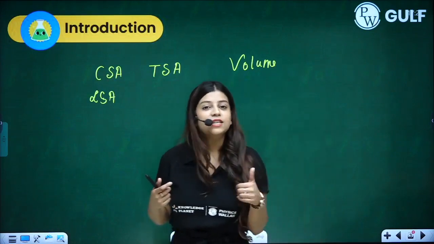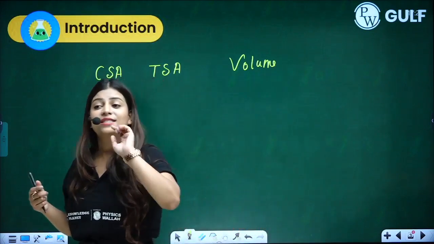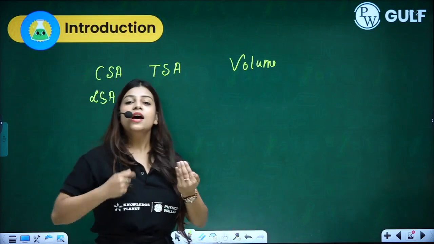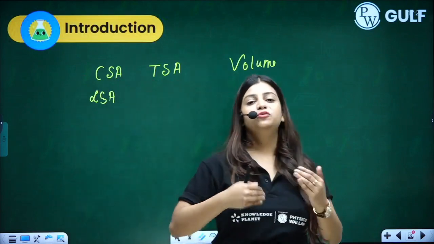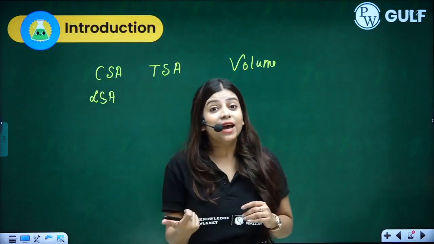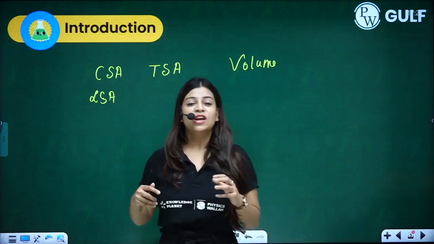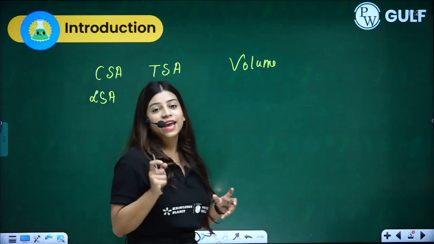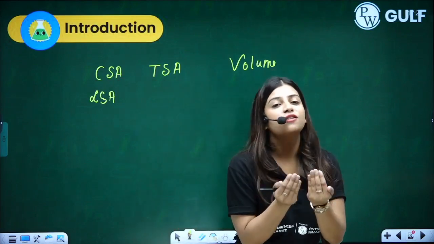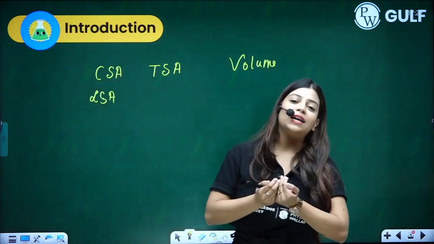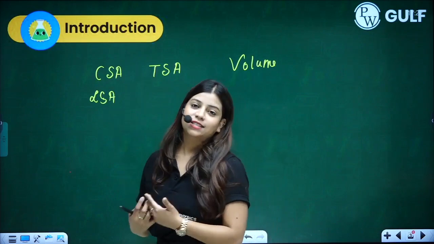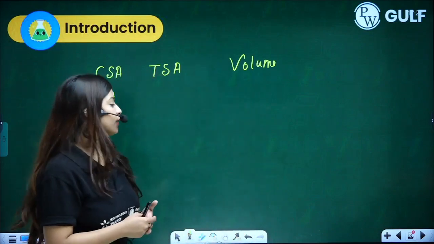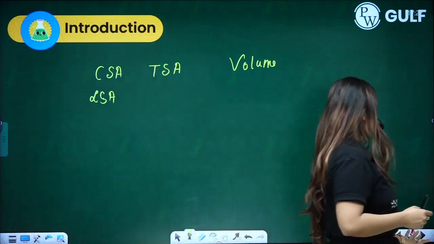But whenever we are talking about objects such as a cylinder, a cone, a sphere and a hemisphere, all these things end up with a curved surface, which in turn adds up to your CSA. So these are all the things that we are going to discuss in this particular chapter.